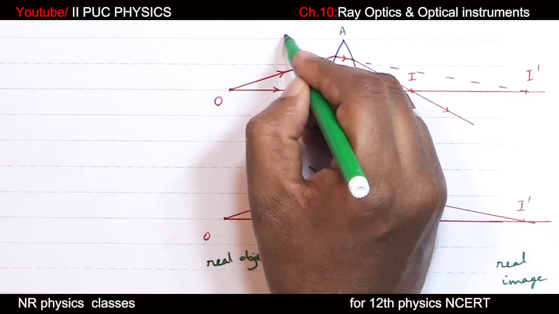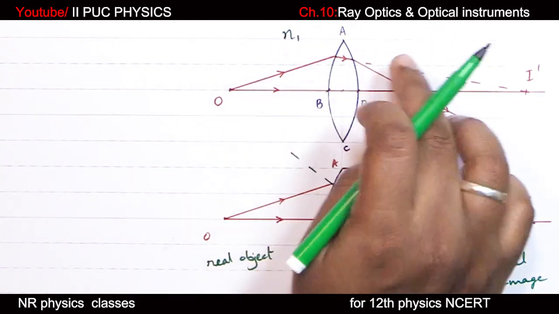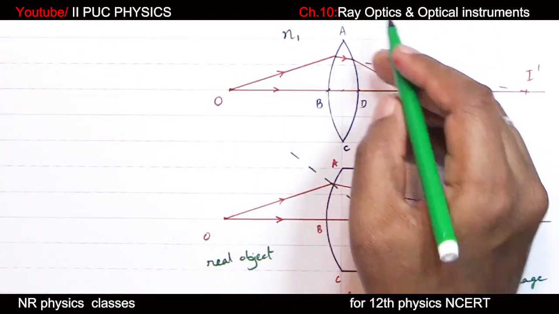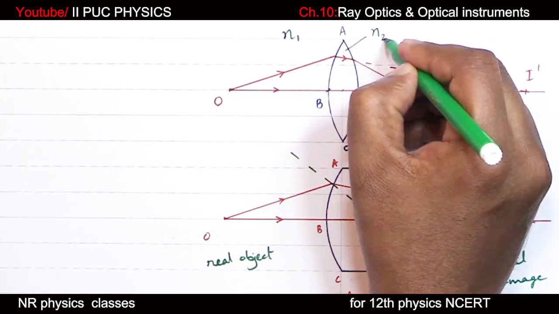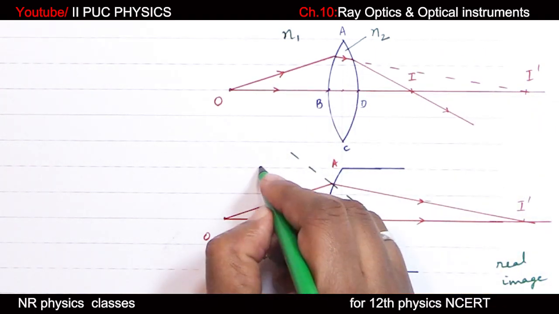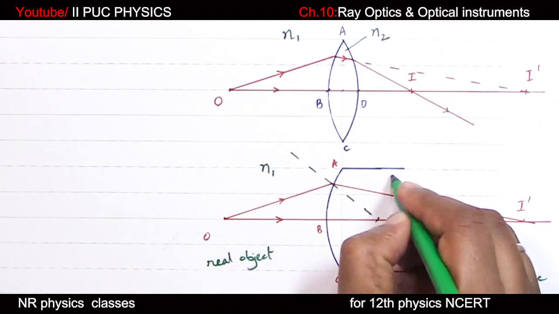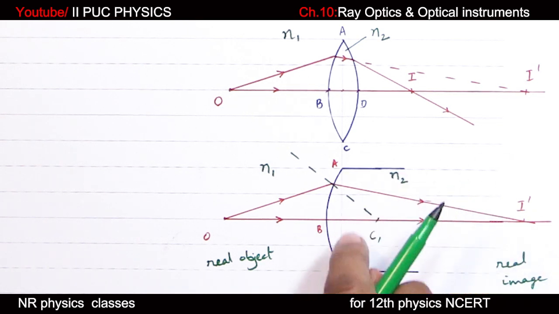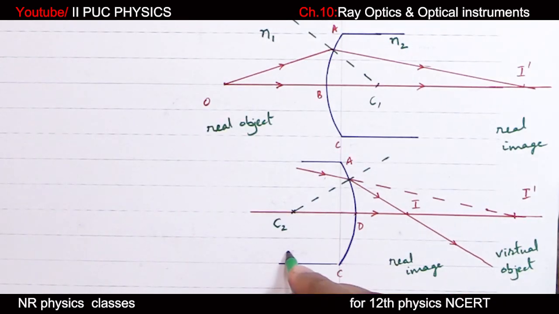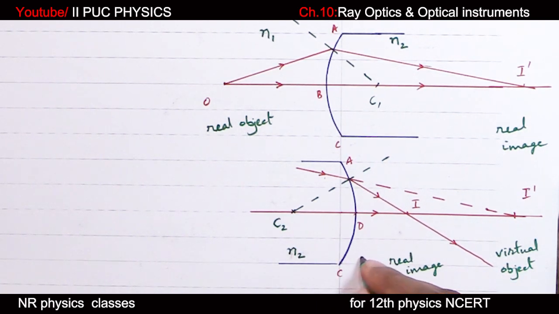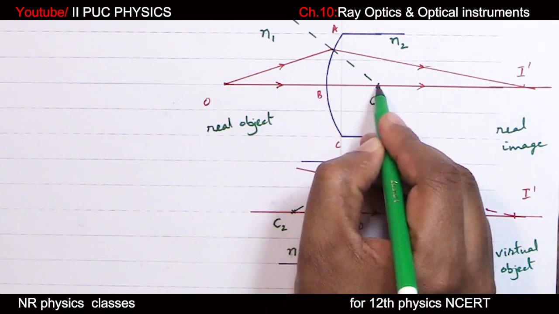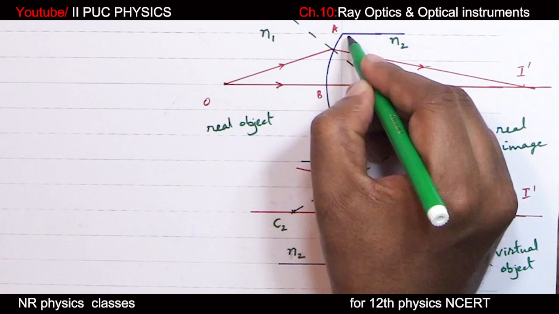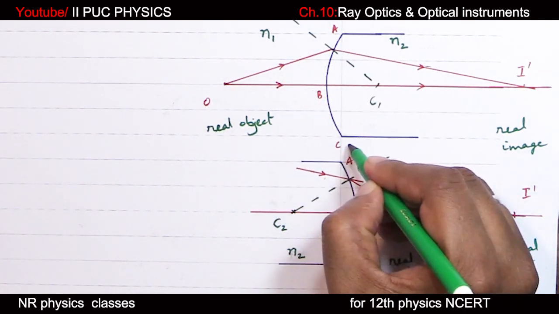Let N1 be the refractive index of the surrounding medium and N2 the refractive index of the glass. So N2 is the refractive index of the spherical surface, outside is N1. Distance BC1 is R1, the radius of curvature of the first surface.